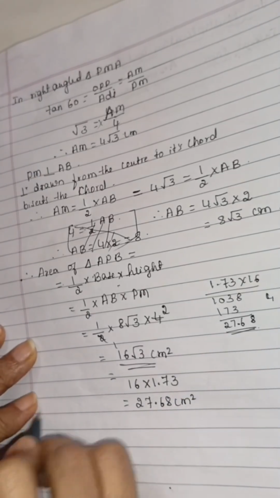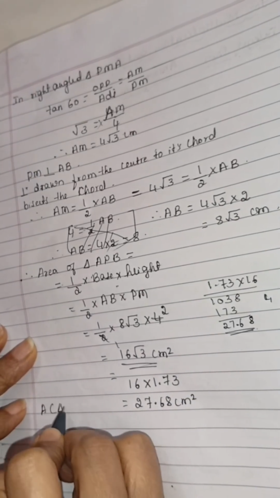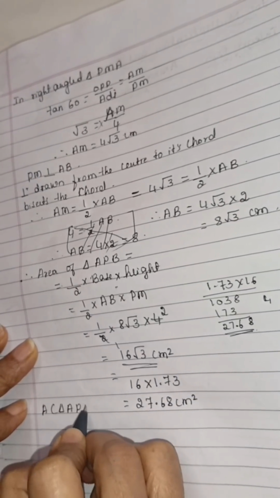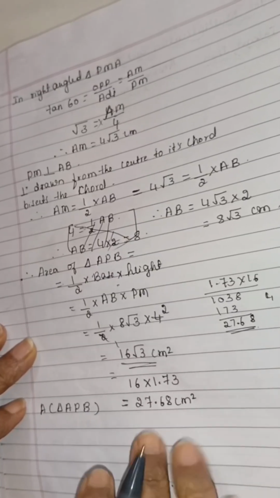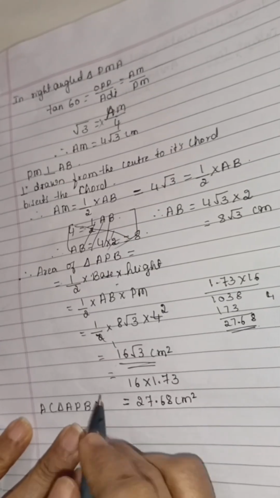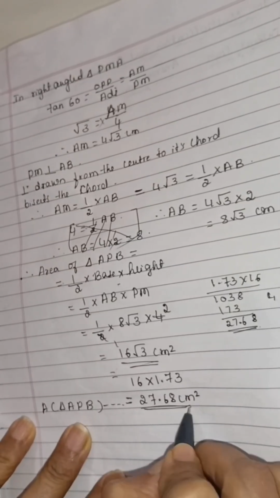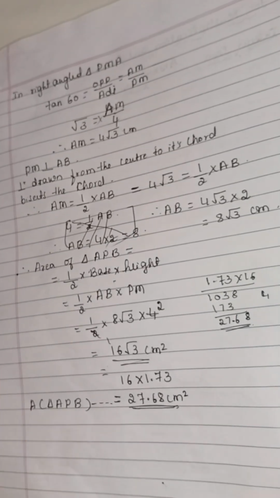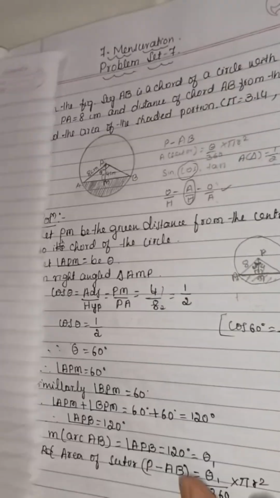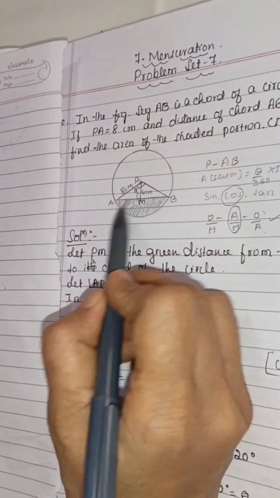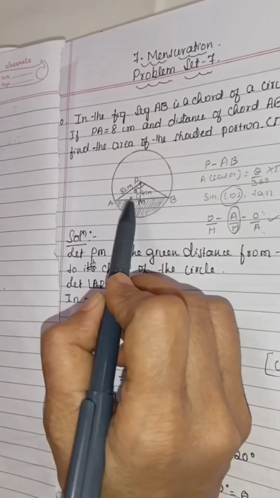This is the area of triangle APB. Area of triangle APB is 27.68 centimeter square.